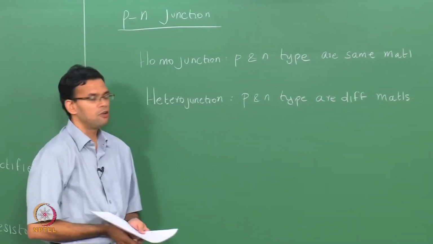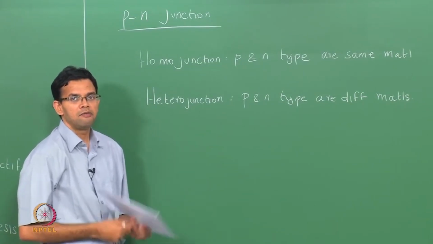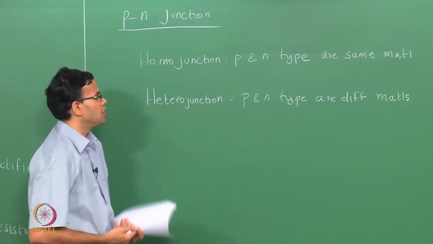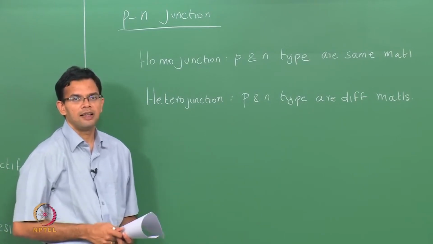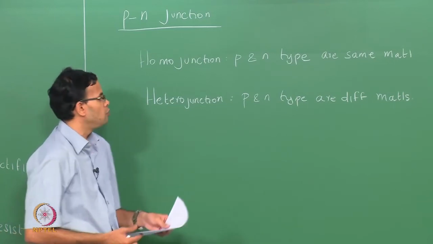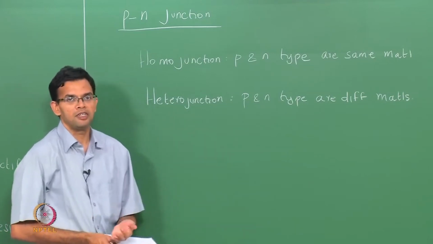We will mostly look at homo junctions where they are the same material, and we will develop concepts of the junction in equilibrium and under bias, and also calculations for the current. And towards the end we will also look at the effect of having different materials.